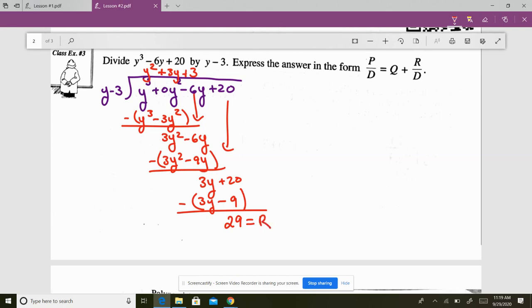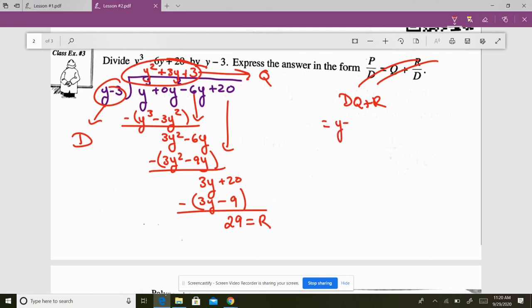What's your quotient? This thing, right? Q. This is your divisor. They would say write it as P over D, Q plus R over D. We'll just save that for calculus. Just write everything as DQ plus R. So this polynomial is now, what's my divisor?